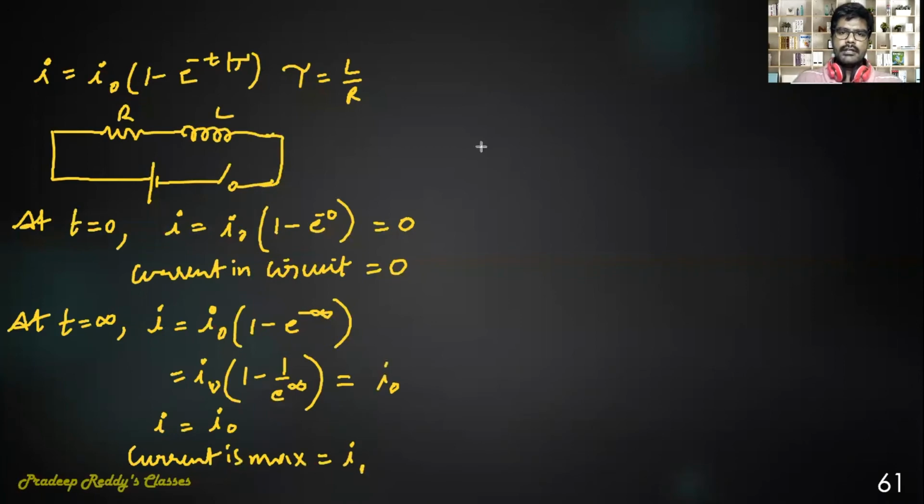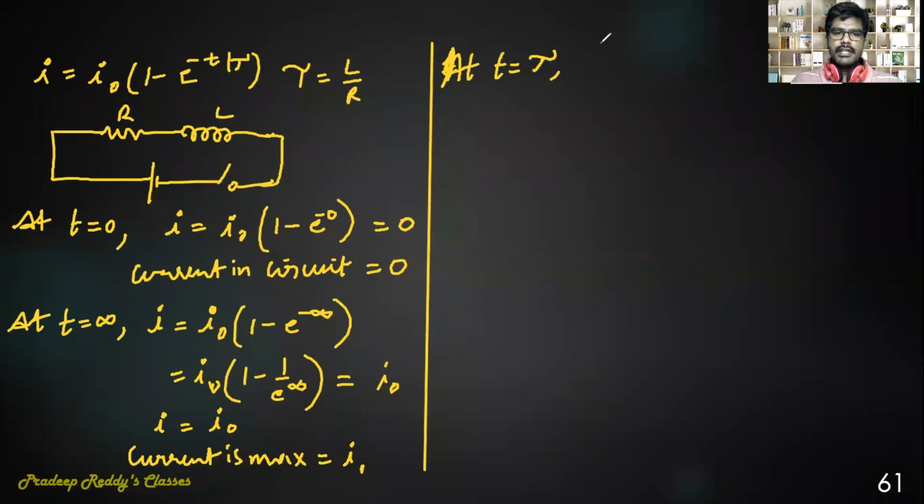So when you are connecting an inductor in the circuit along with a resistor, initially the current in the circuit will be 0. As time increases, current increases with respect to time. We can confirm this by taking t is equal to tau. You can write I is equal to I naught into 1 minus e power minus 1, because tau divided by tau will be 1.